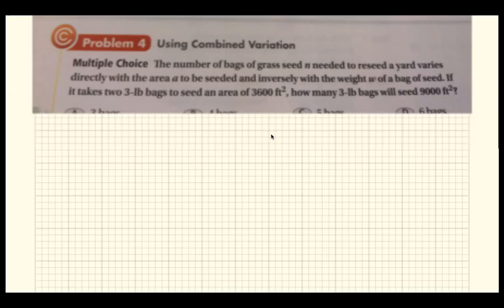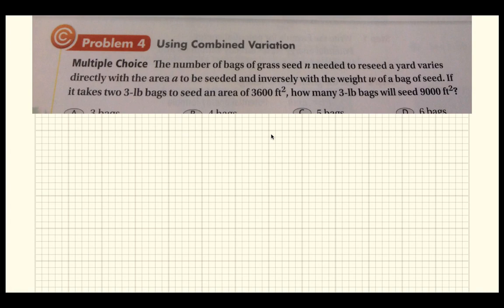Okay, so using combined variation, it says the number of bags of grass seed N needed to reseed a yard varies directly with the area to be seeded and inversely with the weight W of a bag of seed. If it takes 2 3-pound bags to seed an area of 3,600 feet squared, how many 3-pound bags will seed 9,000 feet squared?